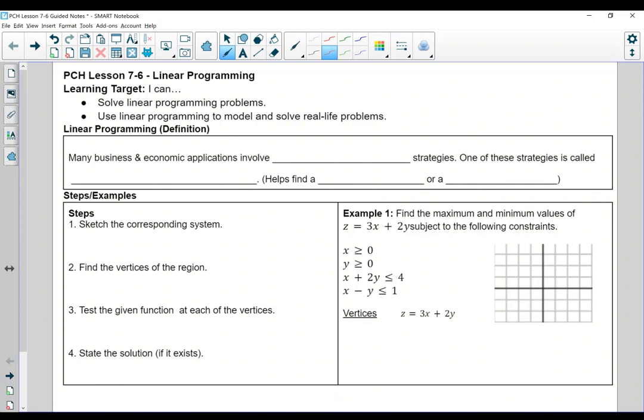When businesses or economies want to involve different optimization strategies, they'll use this one strategy called linear programming. It helps to find a maximum and/or a minimum.